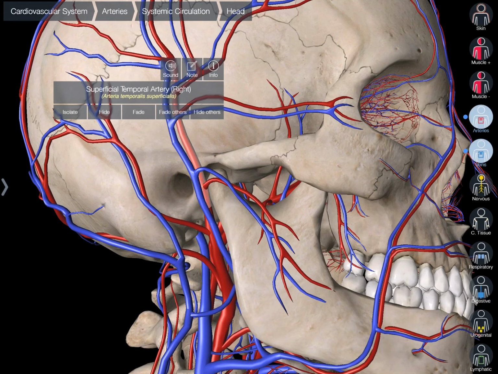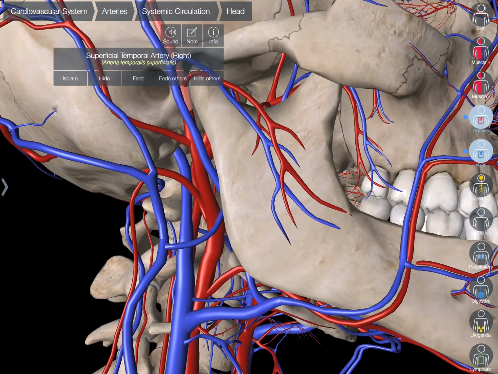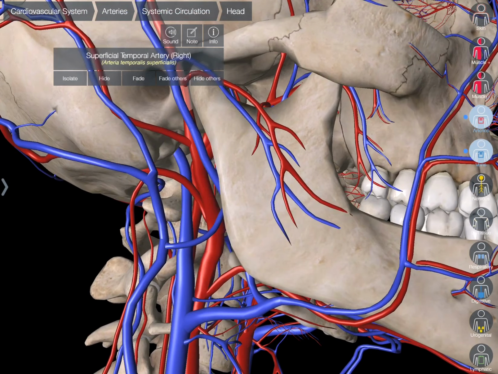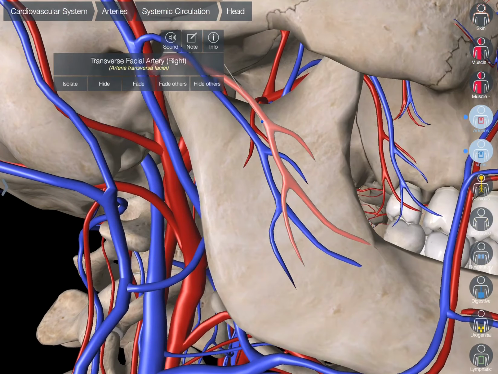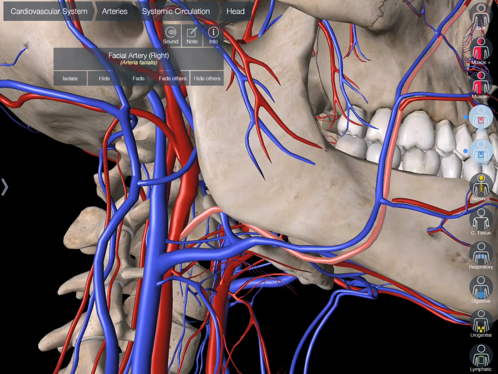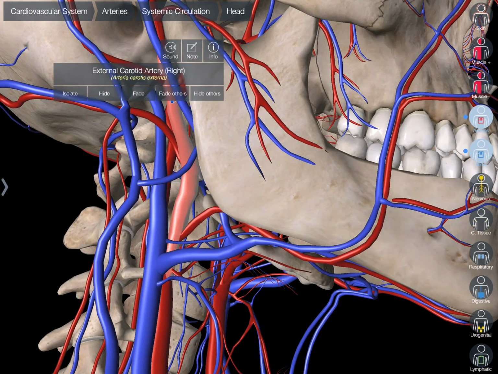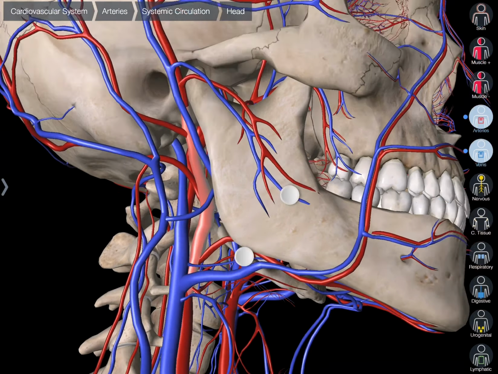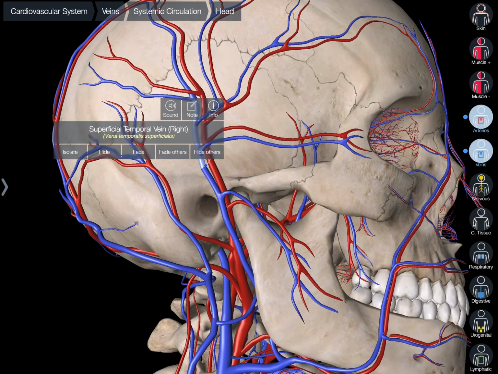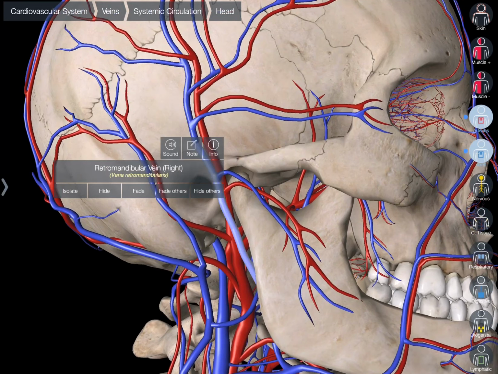Now the superficial temporal artery is a continuation of the external carotid artery, and from the superficial temporal artery we've got a branch which is the transverse facial artery, but we have to remember that the facial artery itself is actually a branch of the external carotid artery. Now this is also the superficial temporal vein, which is the continuation of the retromandibular vein in this case.